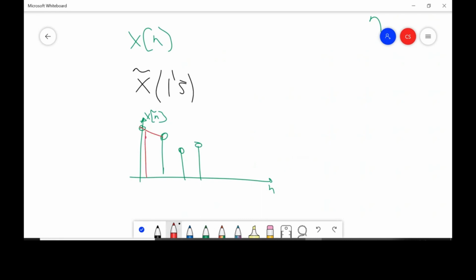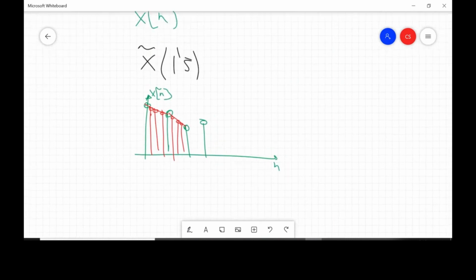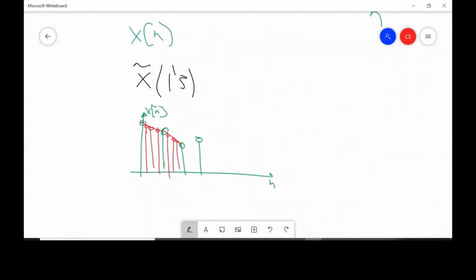So if I join with a line, those would be the 3 in between. But joining with a line is not the only way. So this would be linear interpolation.